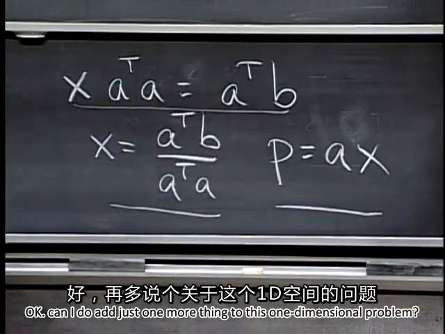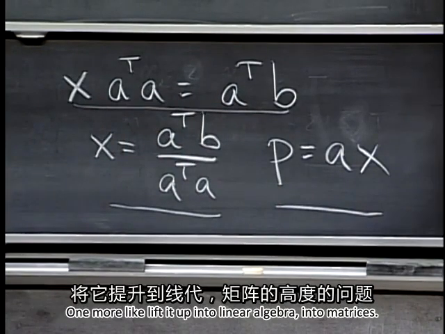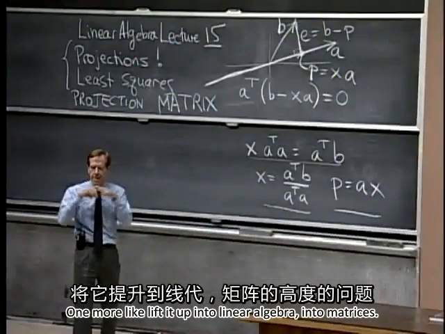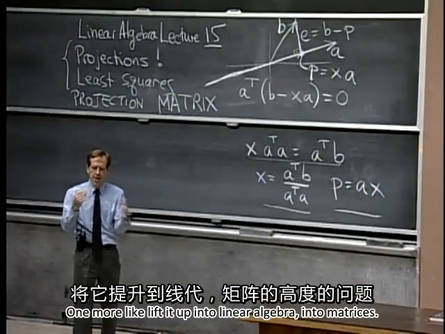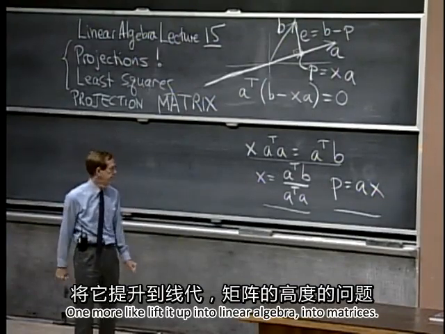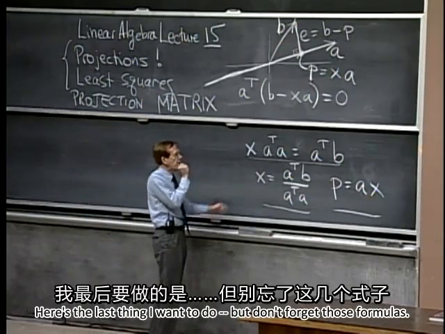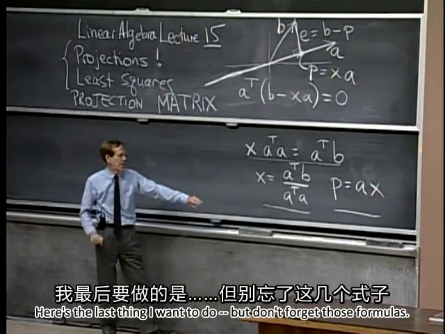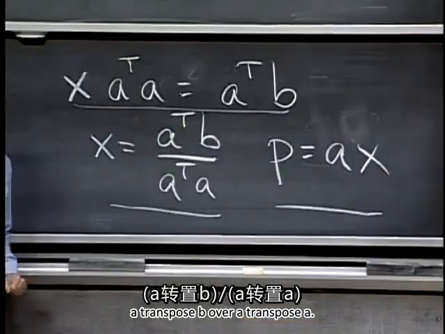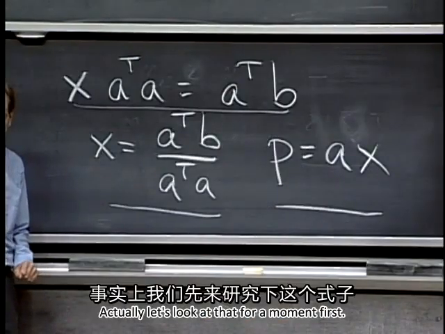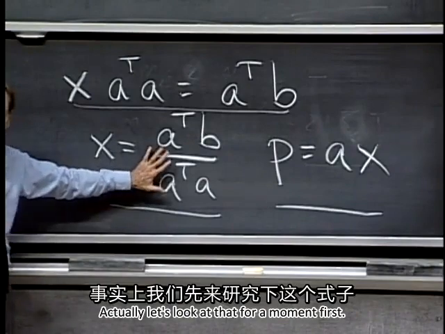Okay, can I add just one more thing to this one-dimensional problem? One more, like, lift it up into linear algebra, into matrices. Here's the last thing I want to do, but don't forget those formulas. A transpose B over A transpose A. Actually, let's look at that for a moment first.